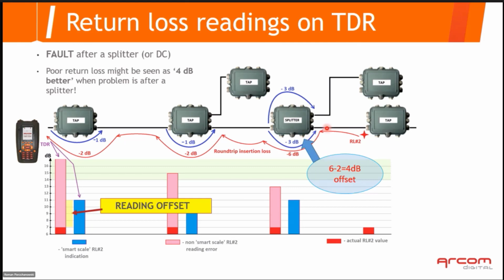But please remember that TDR has a blind spot next to 0, up to around 20 feet. So you will not see anything if it's 20 feet away from you. There are some solutions for this, but please remember that it is like that.